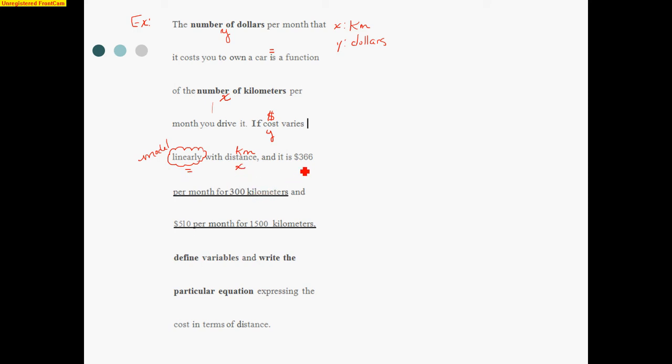The next thing I have to do after I assign variables and units is pull out the information from the problem. So the information I have is $366, that's a Y, per month for 300 kilometers, that's an X. So 300 goes with 366, and $510 is a Y per month for 1,500 kilometers.